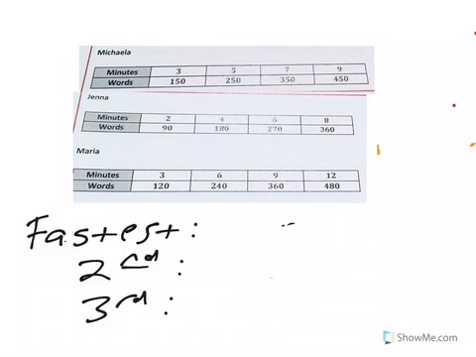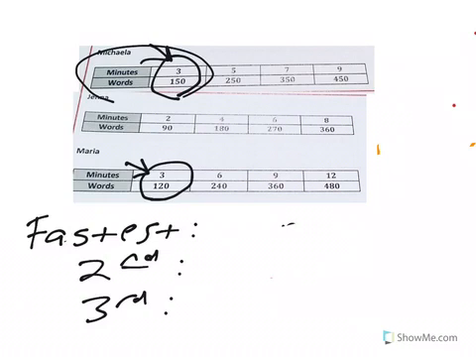So, for instance, I see that Michaela and Maria have a number in common. We can compare how fast they type per 3 minutes. In 3 minutes, Michaela types faster than Maria.